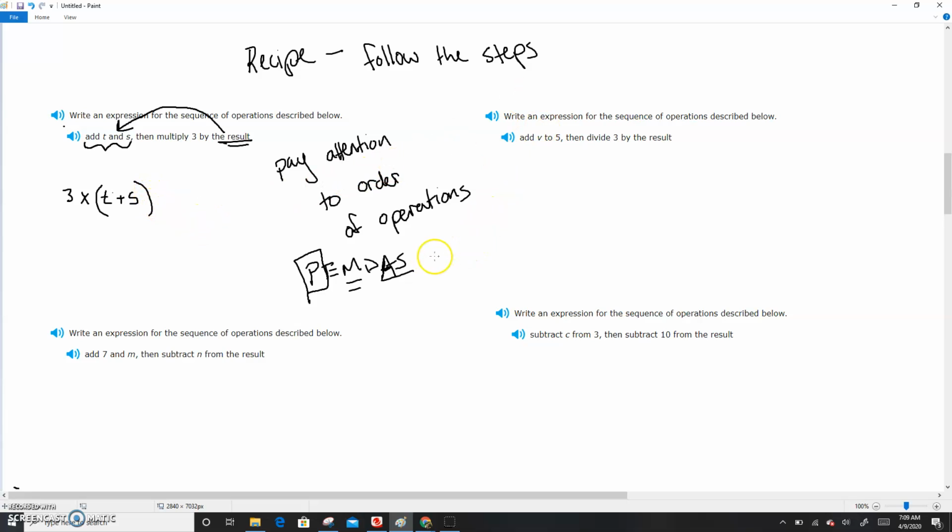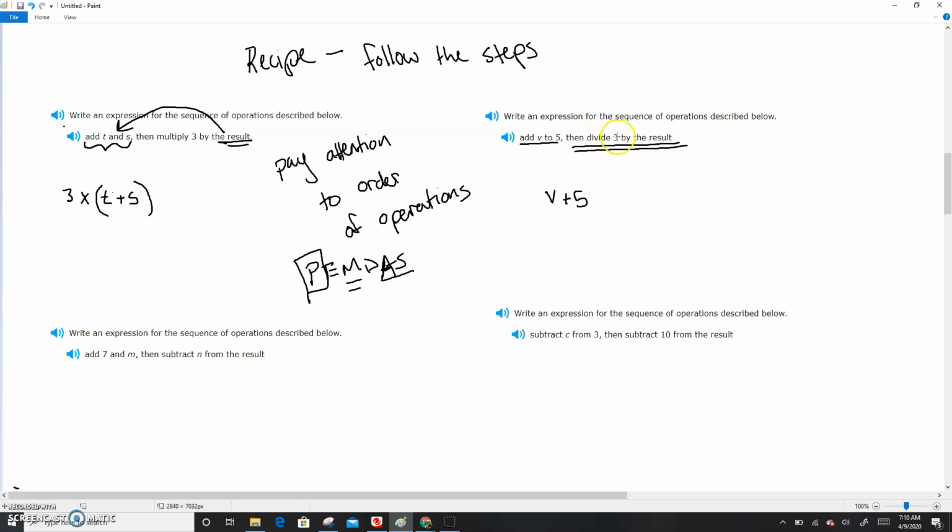Let's take a look at another one. Write an expression for the sequence of operations described below. Add v to 5 and then divide 3 by the result. So this is our first step. This is our second step. So I'm going to go v plus 5.